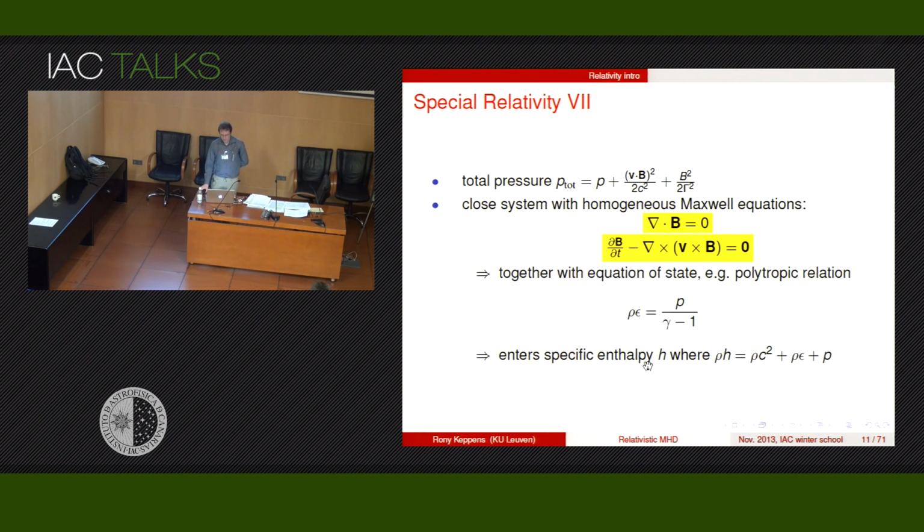And then you have to close this with an equation of state. You could take this kind of relation. This is the sort of relation that in Newtonian gas dynamics you would use for internal energy with a specific polytropic index.